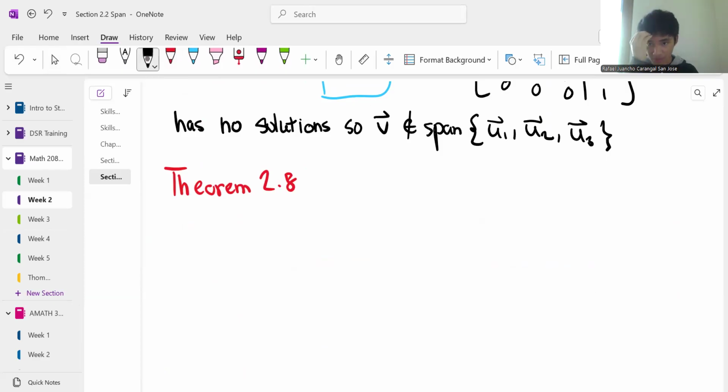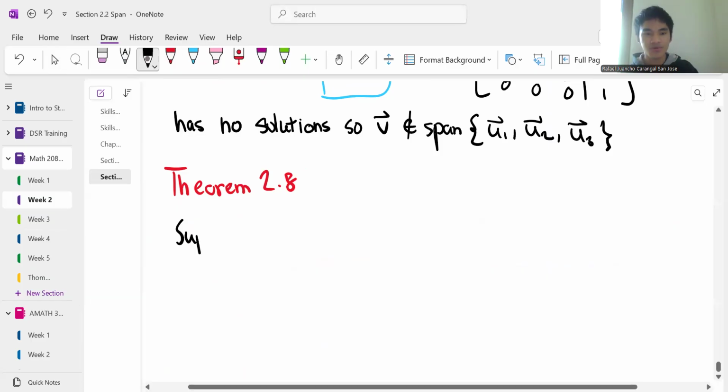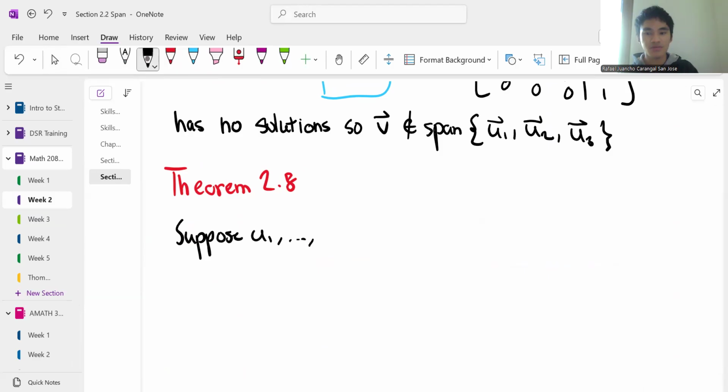So what does it say here? Suppose u sub 1 all the way to m is in n-dimensional space, it's in Rn.